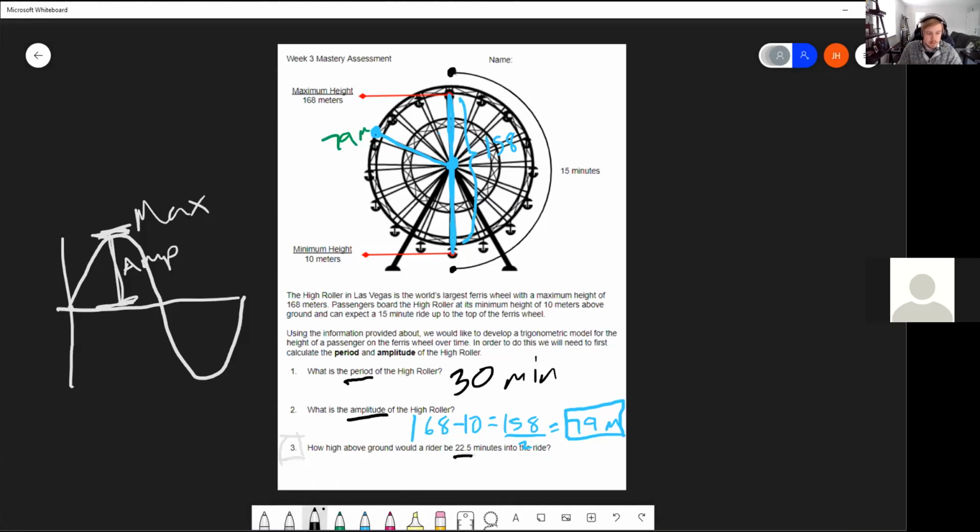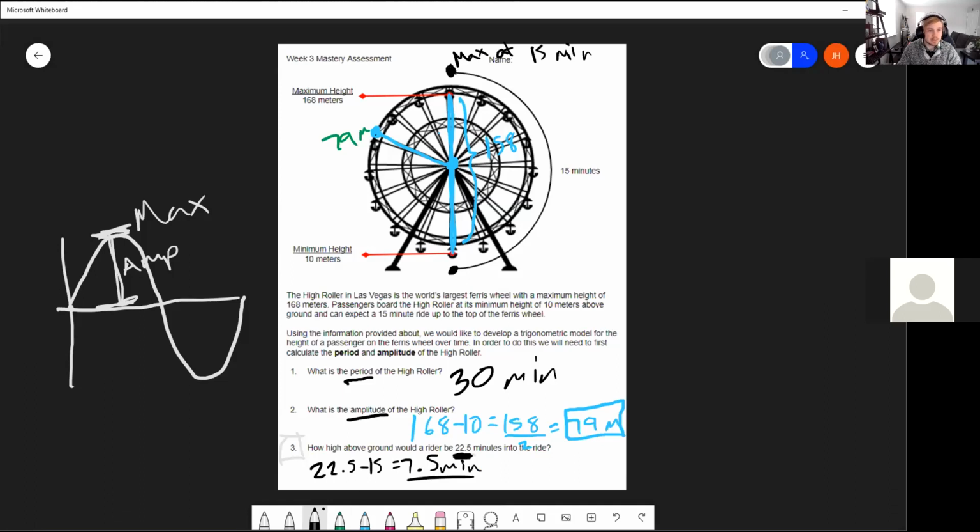What I want you guys to notice first of all is that at 15 minutes, I'm at the maximum. So at 22.5 minutes, that is 22.5 minus 15, which would be 7.5 minutes later, right?